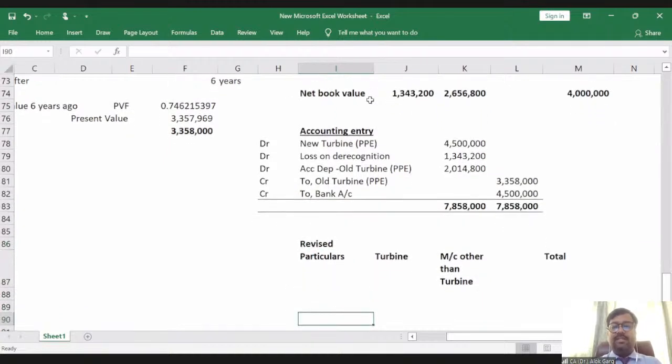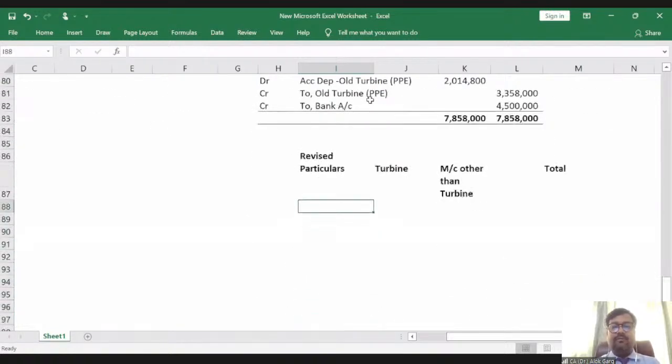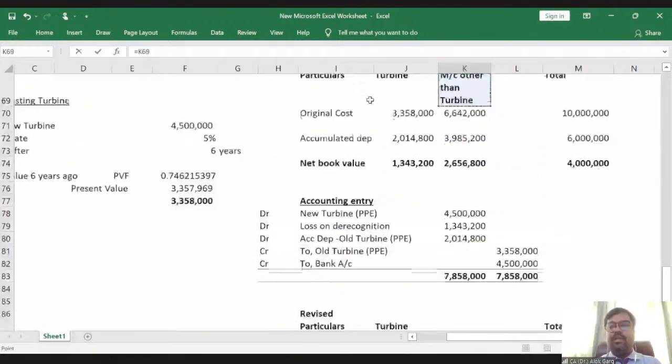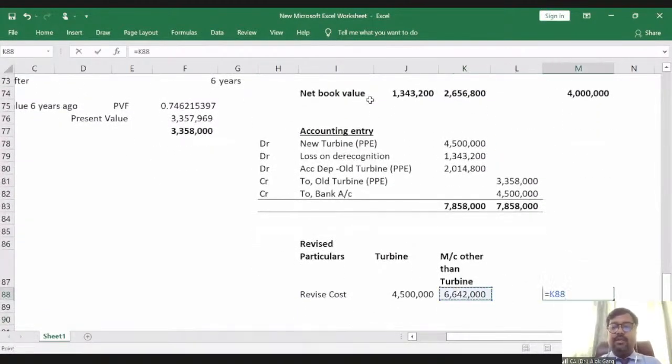Let me write the revised cost. What is the cost of the turbine? 45 lakh. What is the cost of the machine other than the turbine? Original cost, I'm talking about the gross block: 66,42,000. The total comes out at this.